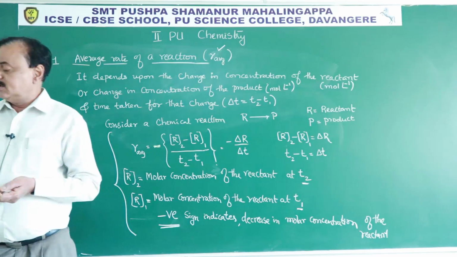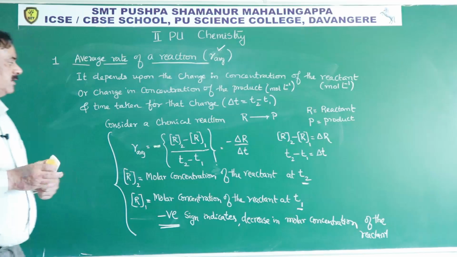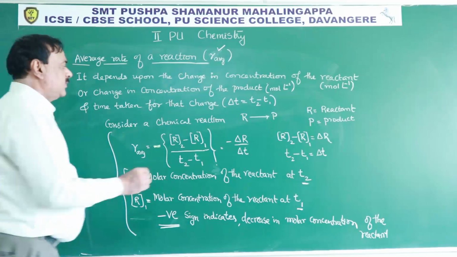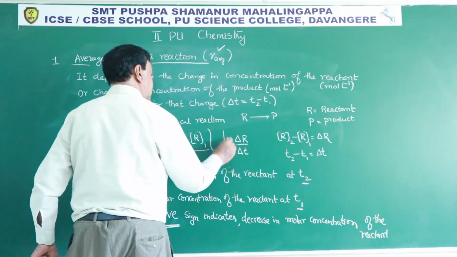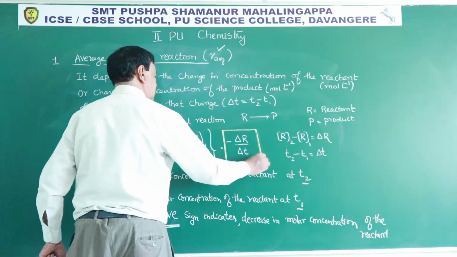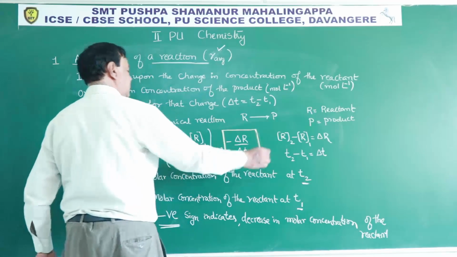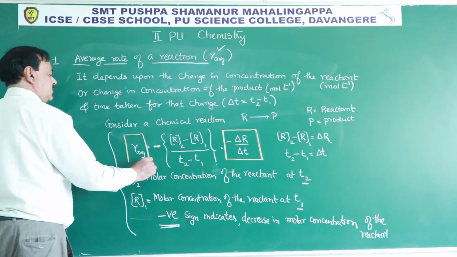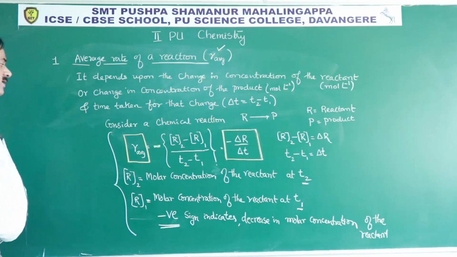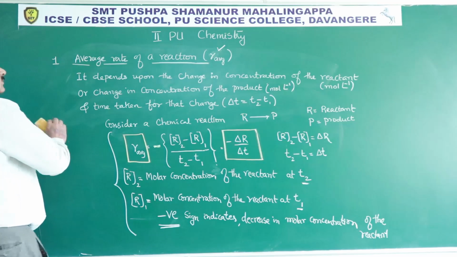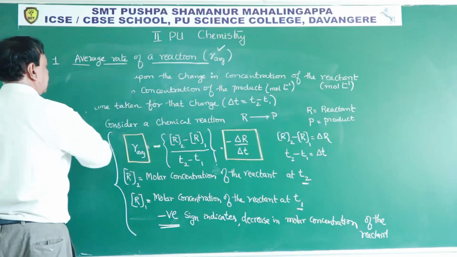R average is equal to, this is very important, minus delta R divided by delta T. Now, one more.